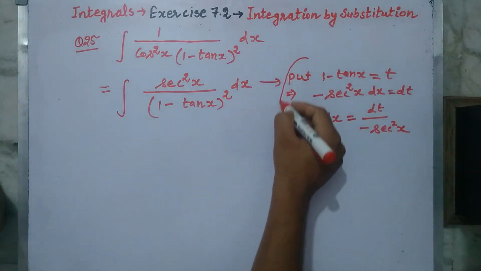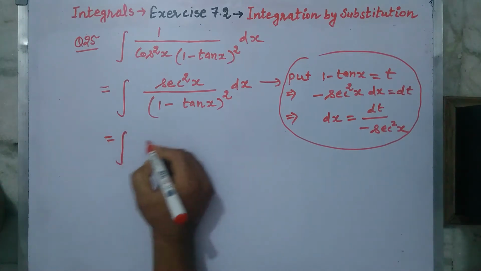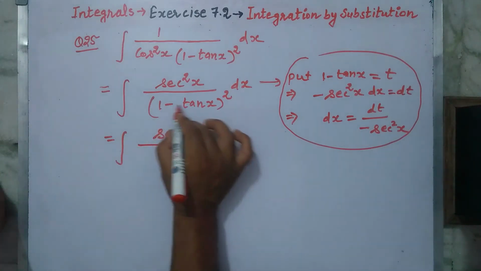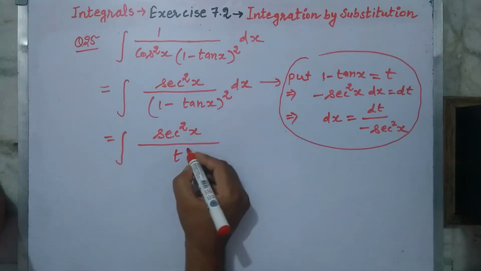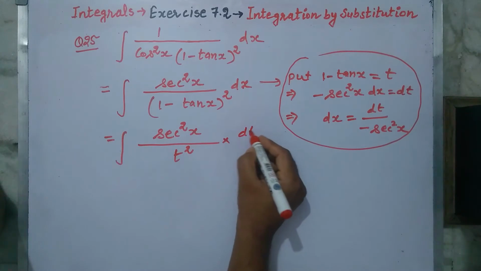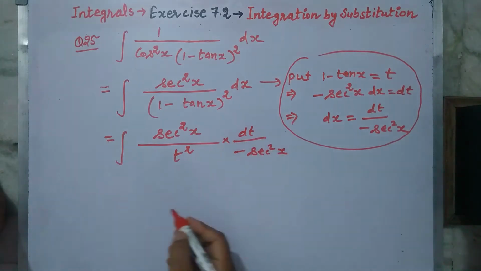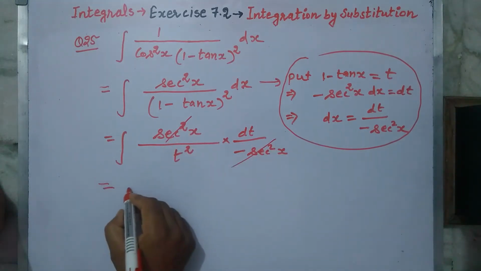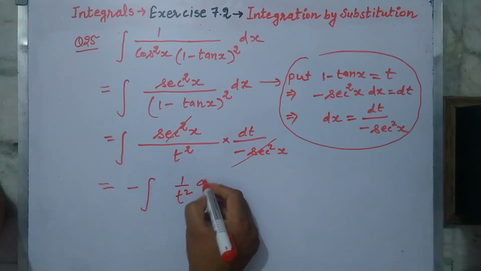From here, substituting these values, our question becomes secant square of x divided by (1 minus tangent x, considered to be equal to t) whole square, and dx is dt upon minus secant square of x. Cancelling the secant square x, we are left with minus 1 upon t square dt.